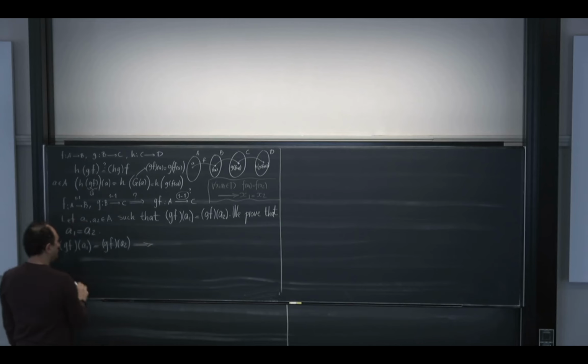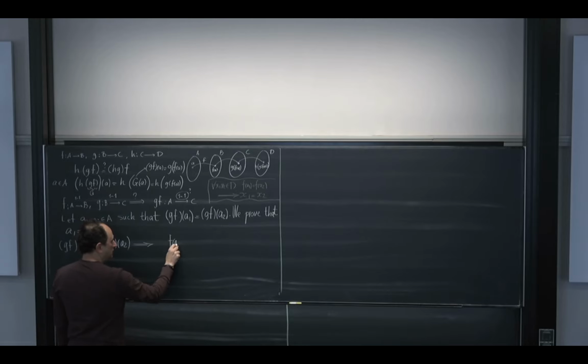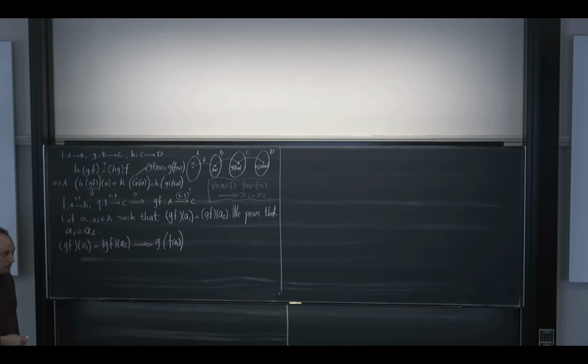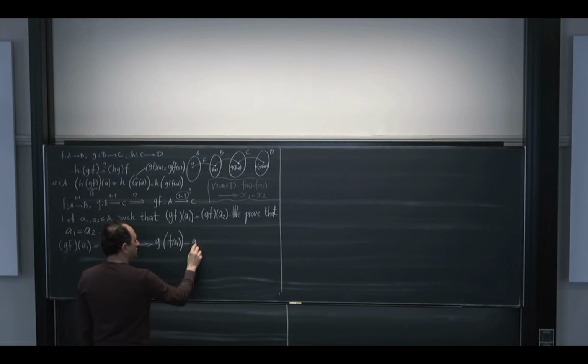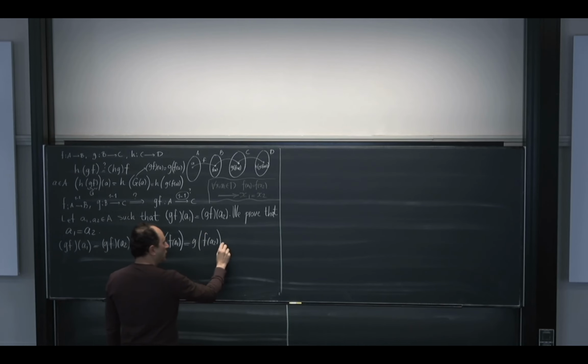I need to write the definition of G after F. G after F means F applies first, and whatever the answer is, G applies on that. So G of F of A1 is equal to, the same thing, G of F of A2. But I want to ask you why this is correct.